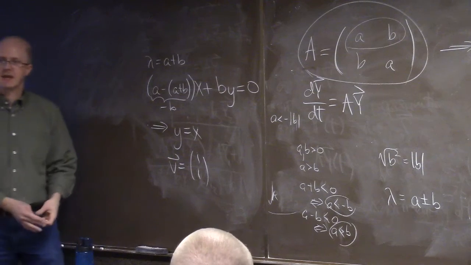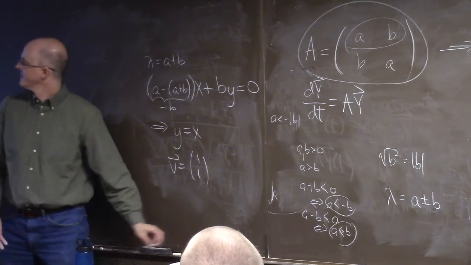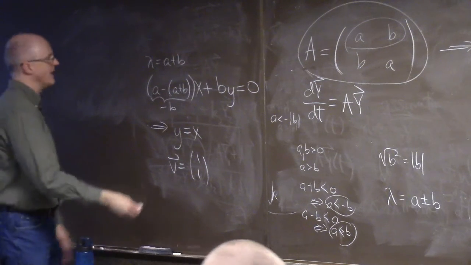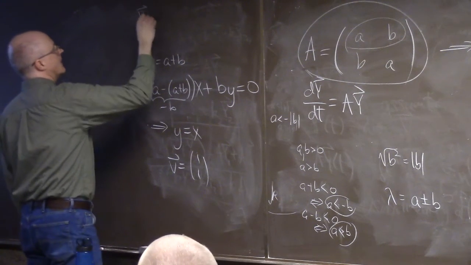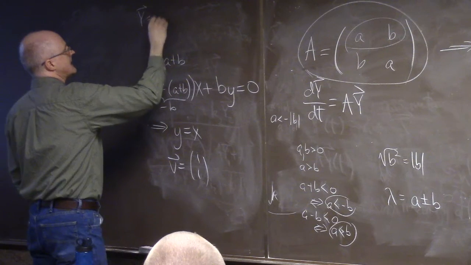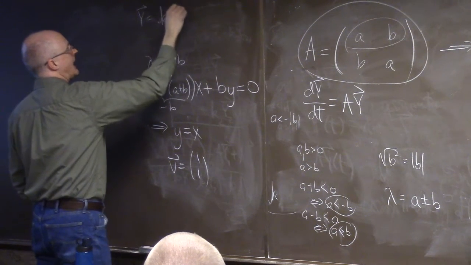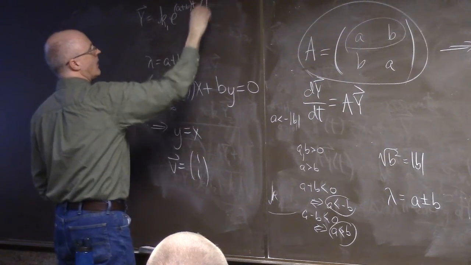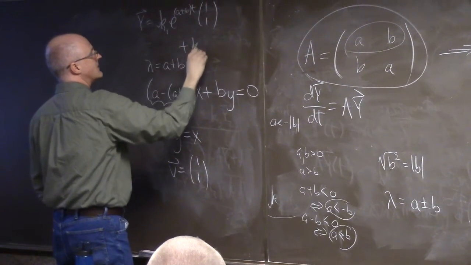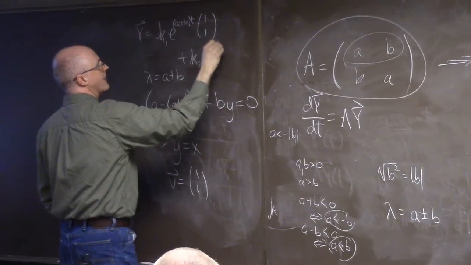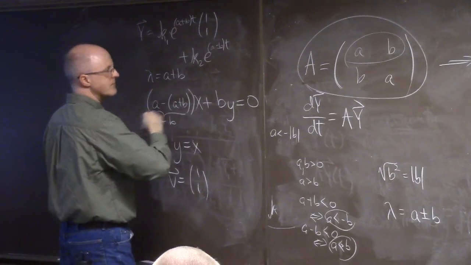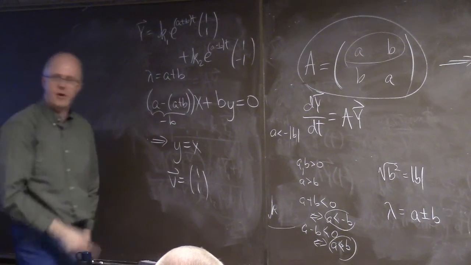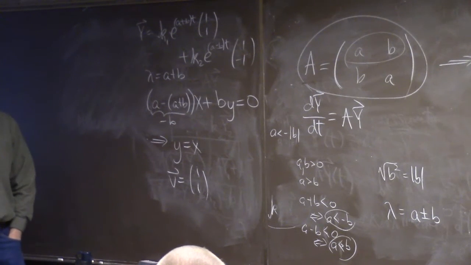Okay, that's the kind of thing I'm talking about here, except in the complex eigenvalue case. By the way, the general solution here would be k1 e to the a plus b times t times the vector 1, 1 plus k2 e to the a minus b times t times the vector 1, negative 1, or negative 1, 1, or any non-zero multiple of those.